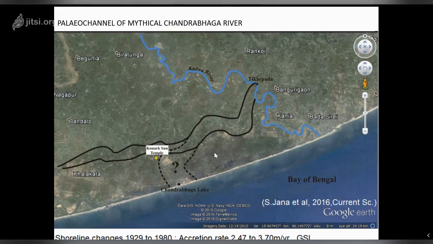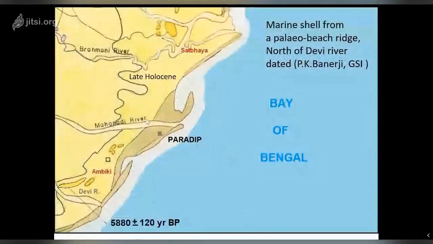And we can now switch over to the formation along the coast, the Holocene formation along the coast, which can be seen as we travel. And we can also try to find the sequence of events that took place with the change of sea level.